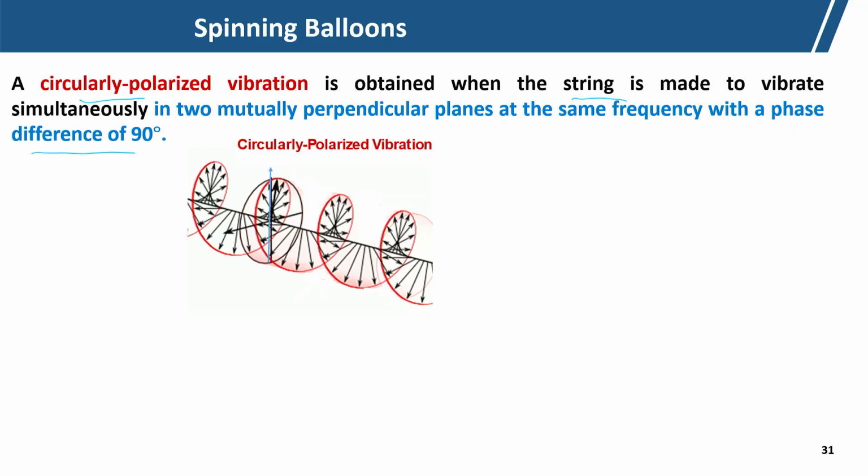This is called circularly polarized vibration. Vibration we normally consider in a single plane, but here one vibration is in this direction and another is in this direction due to the movement of the yarn. So, this type of circularly polarized vibration takes place in the case of the balloon.